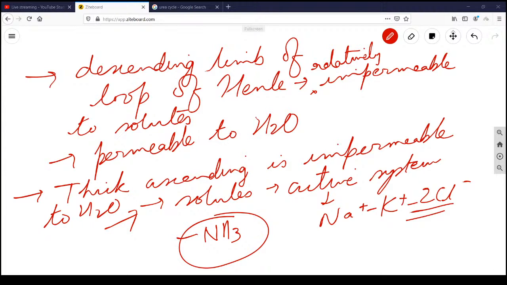There are two types of nephrons, if you are not aware of it. One is known as the cortical nephron, one is known as the juxtamedullary or medullary nephron. 80 to 85% of the nephrons are cortical nephrons.